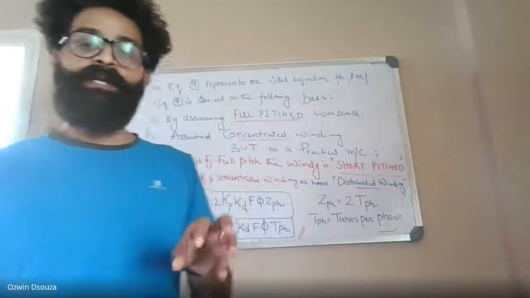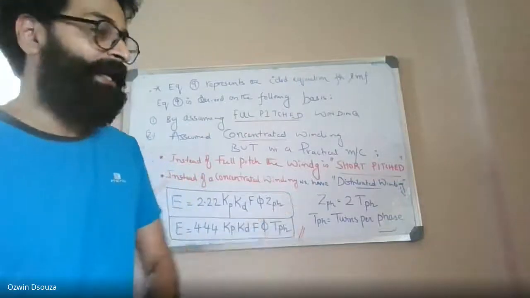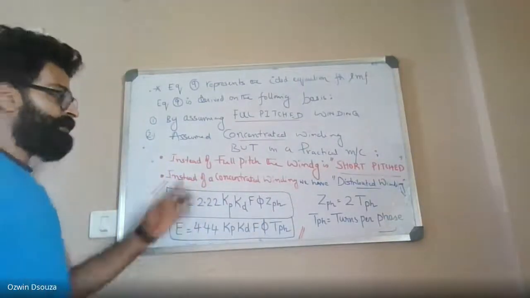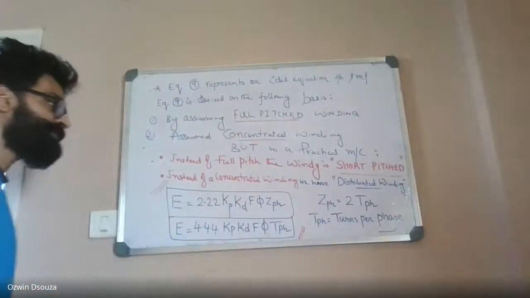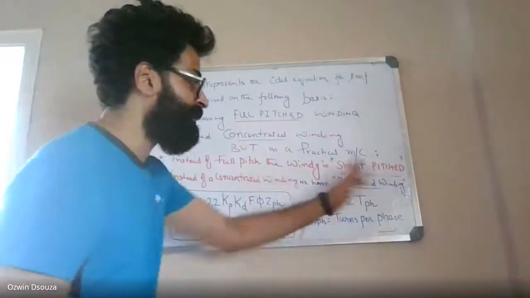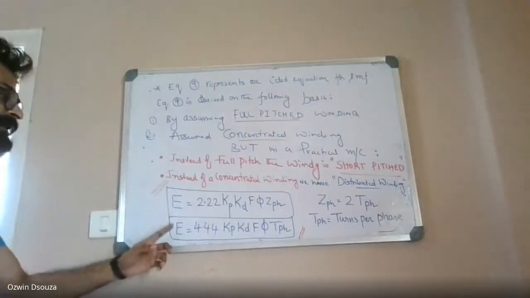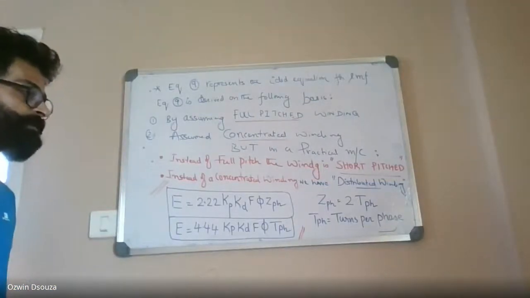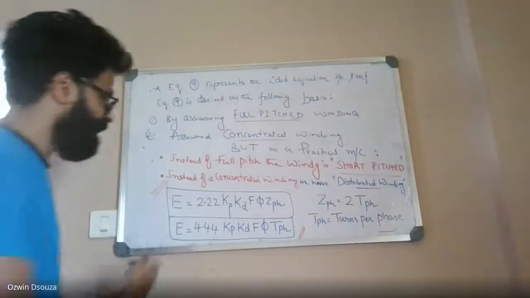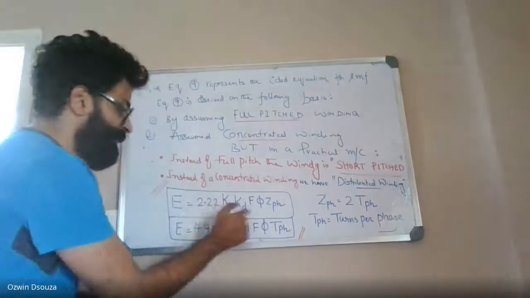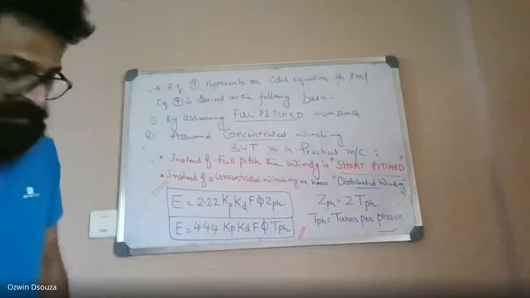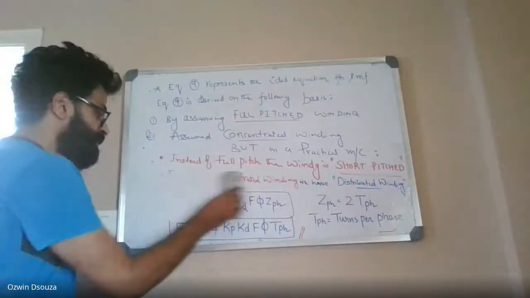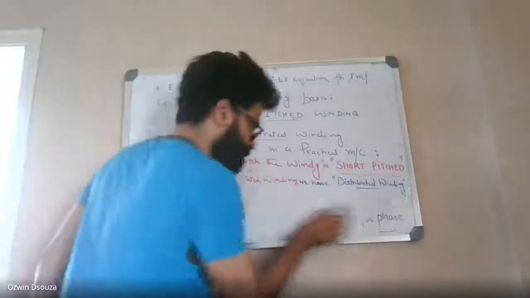Instead, they are distributed in the adjacent slots. Hence, in a real machine, we have a distributed winding. By considering the short pitched winding and distributed winding, you can write the final expression for EMF as 2.22 Kp Kd f phi Z phase. So this is about the EMF equation.